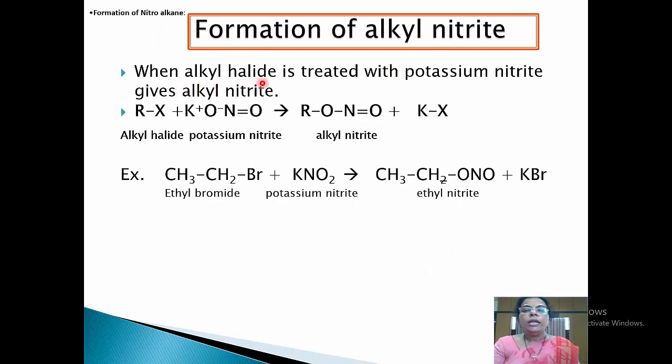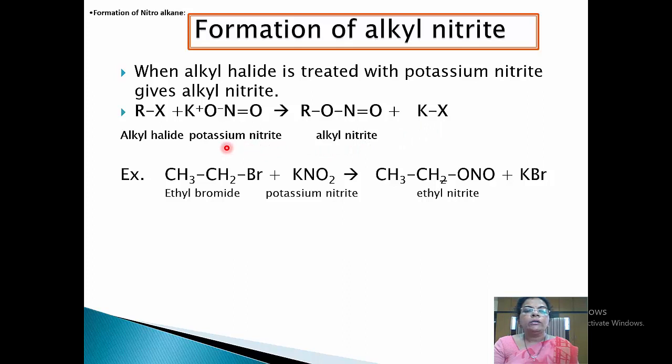When alkyl halide is treated with potassium nitrite, that is KNO2, it gives alkyl nitrite. The general reaction is alkyl halide, RX, treated with potassium nitrite, KNO2, gives alkyl nitrite, that is RONO, plus KX, that is potassium halide.